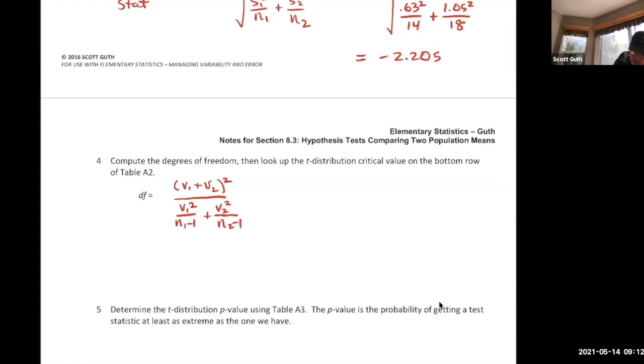Okay, isn't that beautiful? And so V1 is the variance of the sample means from population 1. So that's S1 squared over N1. And V2 is S2 squared over N2.